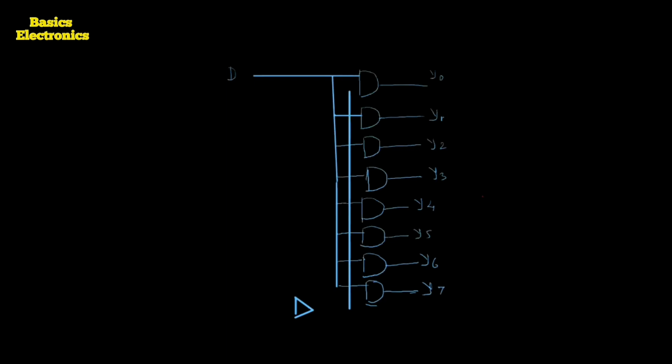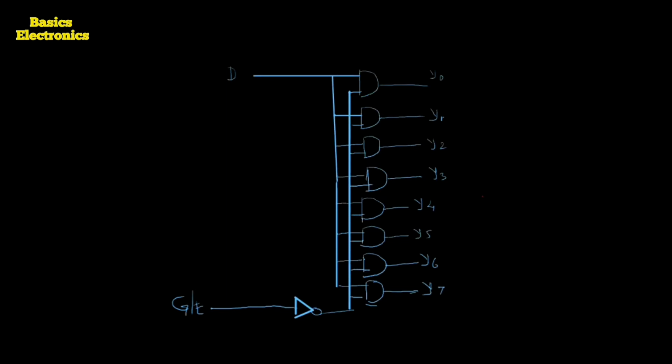That NOT gate has the input, which we call the strobe input, G bar E. This strobe line is connected to all the gates.